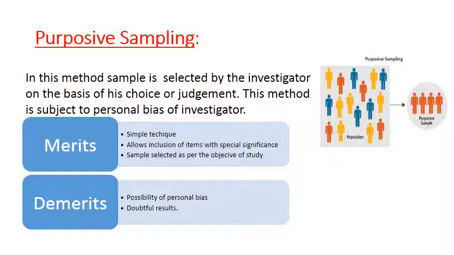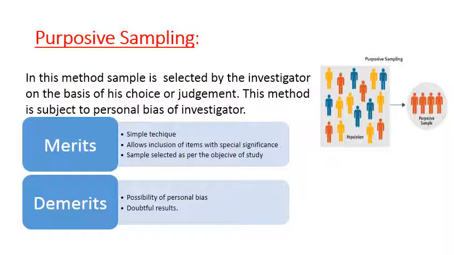There is a possibility of personal bias of the investigator, because when the investigator selects elements depending on his choice, personal bias is possible. In the diagram, the population has people of different colors, and the investigator selects four people from the population as per his choice.